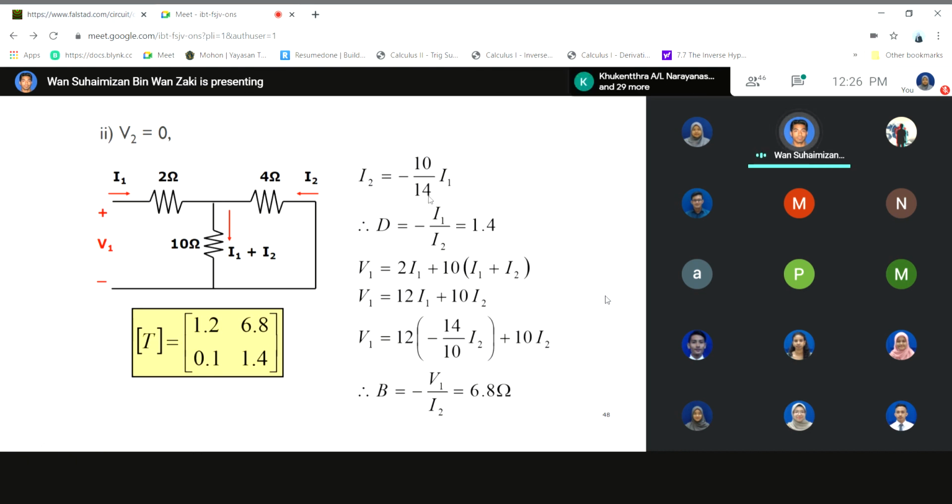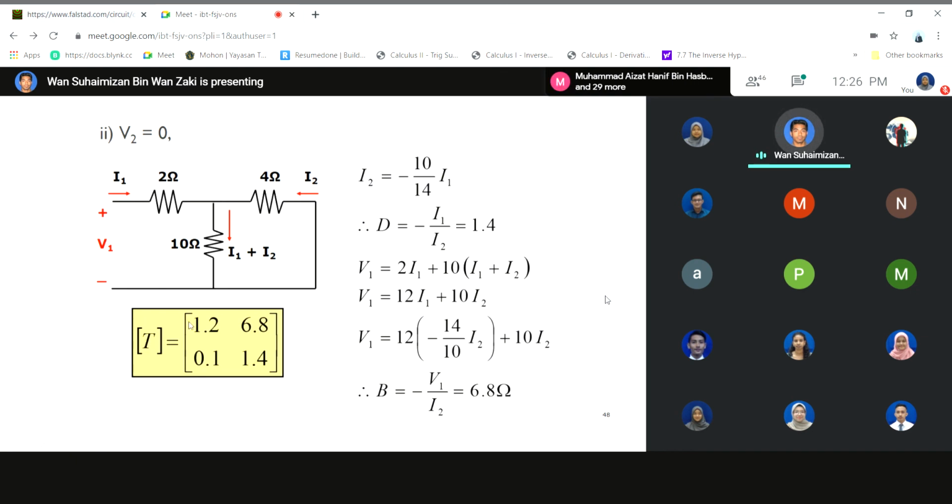So I1 equals negative 10 over 14 I2. So you complete this calculation, and you can get the ratio between negative V1 over I2. At the end, you get 6.8 ohm. So this is the B value that you get here.